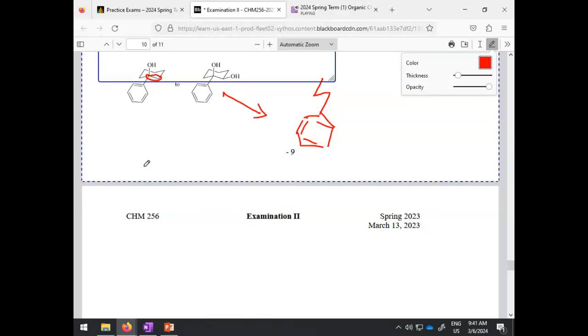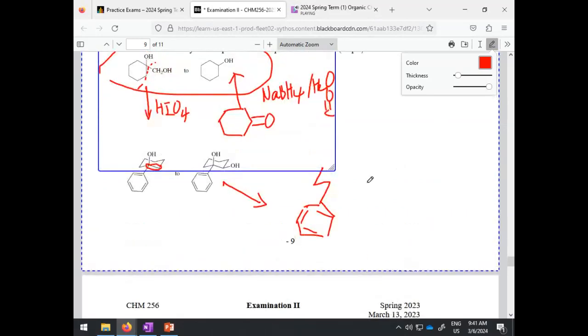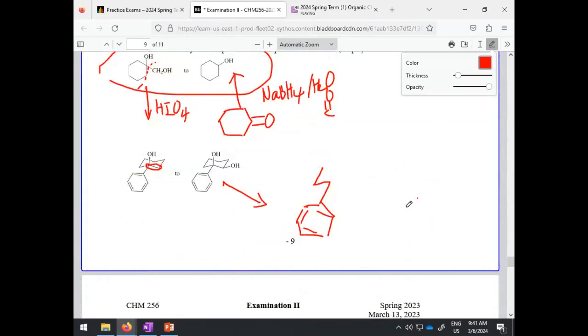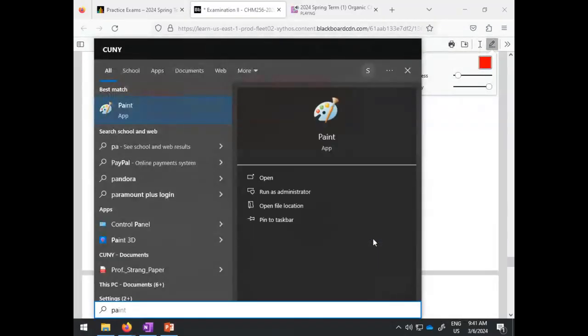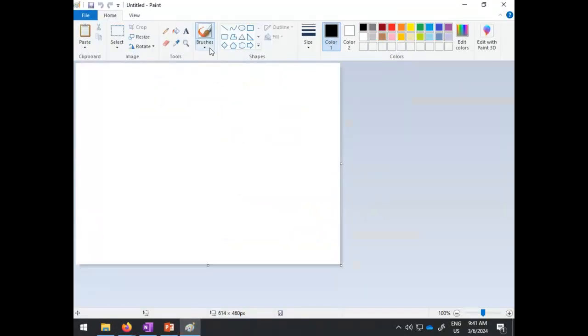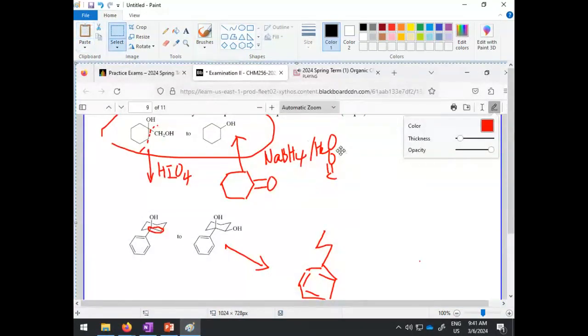Why this thing always come up? I hate that. Let's just copy this. I use the most powerful image processor app.